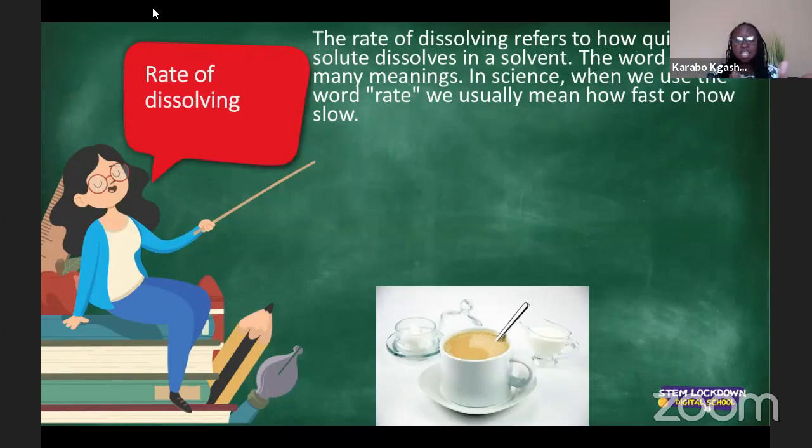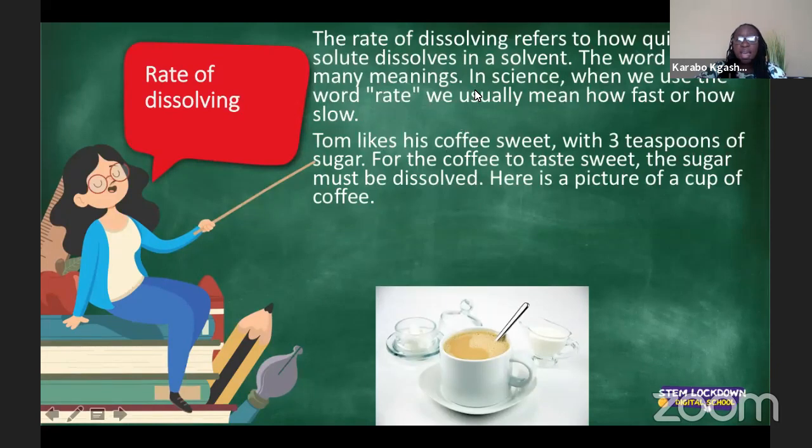In science, when we use the word rate, we usually mean how fast or how slow. For example, how fast can salt dissolve in the water? Or how slowly does brown sugar dissolve in water? That is just an example of the rate of dissolving.